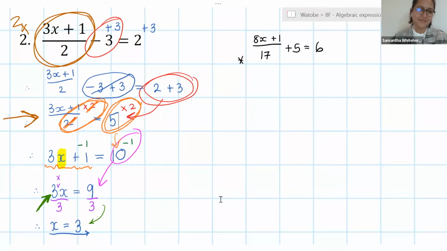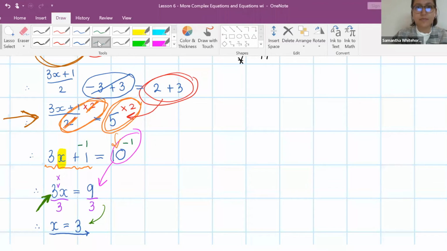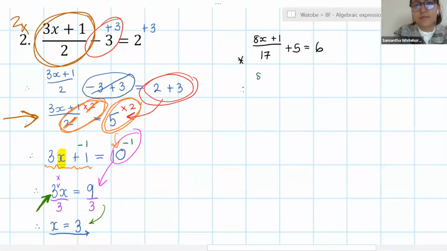So ma'am, the answer is going to be x equals 2 because 6 minus 5 will give you 1, and then you have (8x plus 1) over 17 equals 1. Perfect.